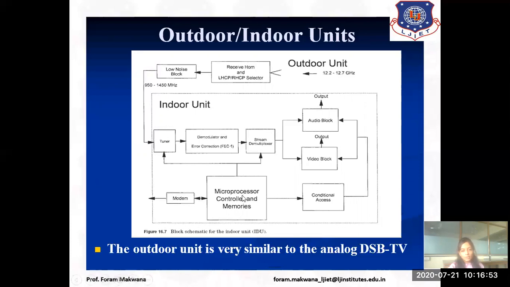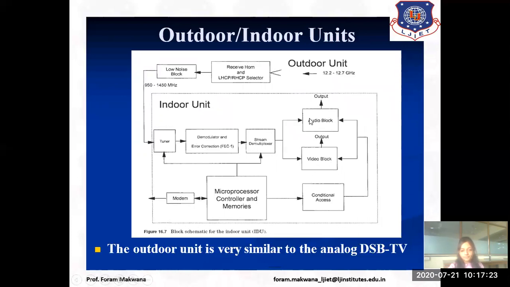The indoor unit consists of a tuner, which is for frequency selection. Then that frequency is demodulated and errors are corrected because this is in the form of a digital signal. That signal is then demultiplexed. With the help of the demultiplexer, we get the output in the form of audio and video.